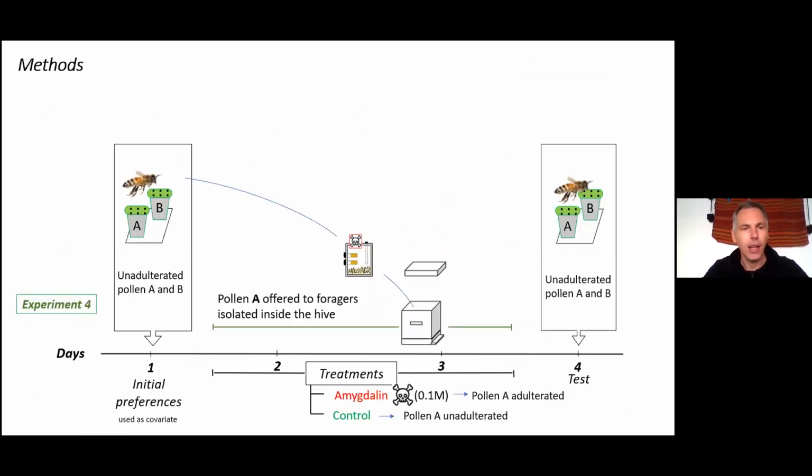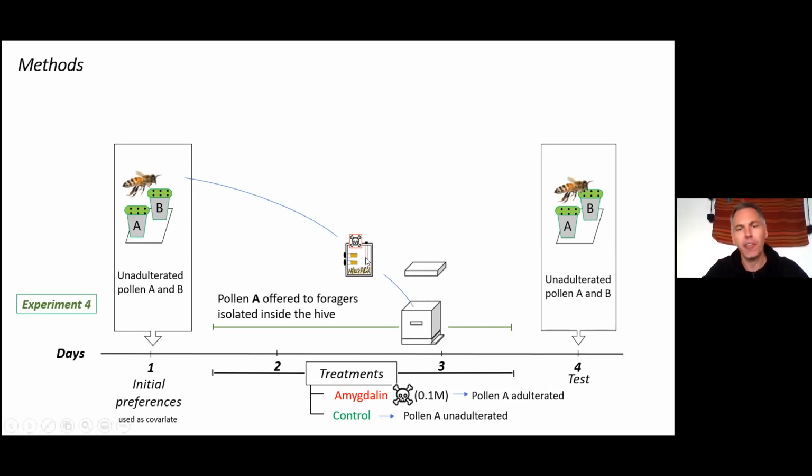The last experiment, experiment 4, followed a similar schedule, but here we captured foragers after they showed their initial preferences. We confined them in these small cages. Those were all foragers that, after they revealed their preferences, were marked with a colored dot.